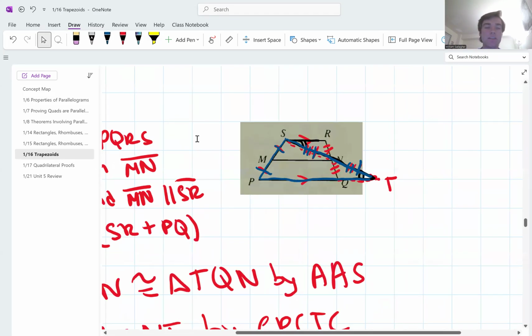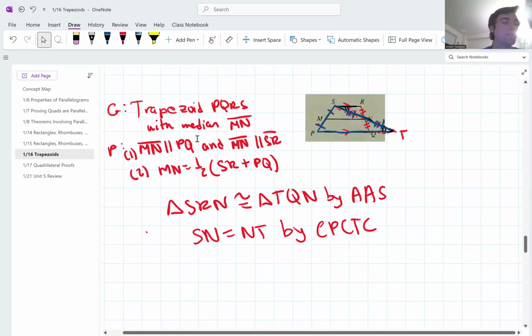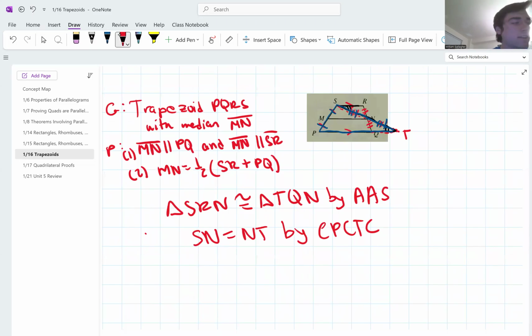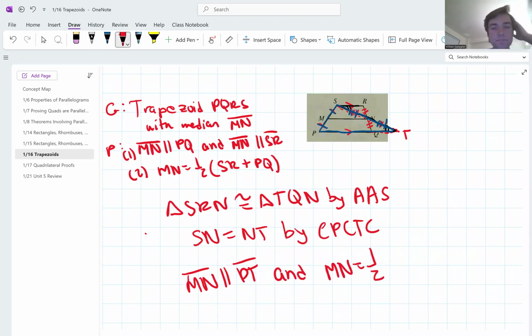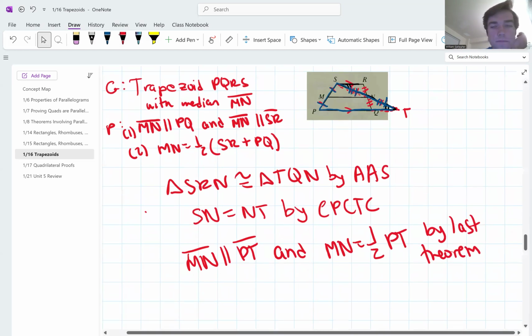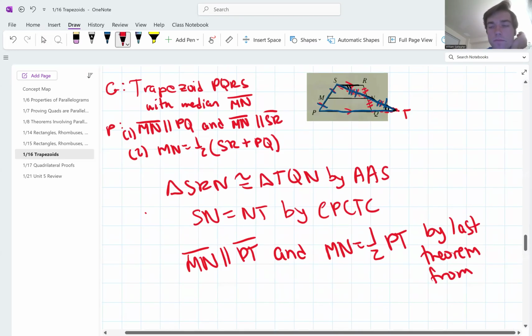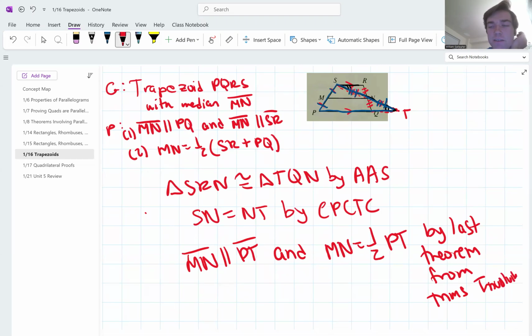That's by the last theorem from theorems involving parallel lines. So MN is parallel to PT, and the length of MN is equal to half of PT by the last theorem from theorems involving parallel lines.